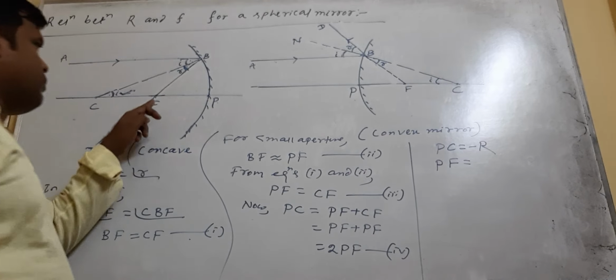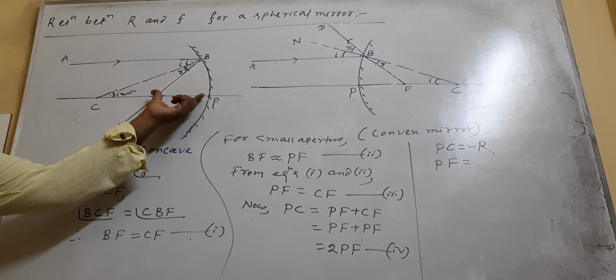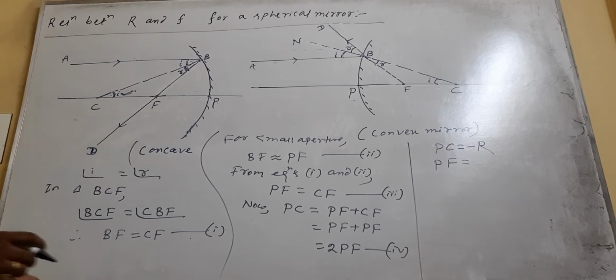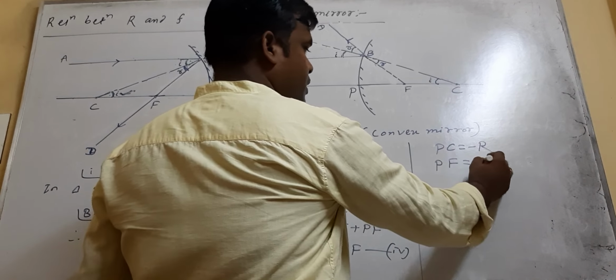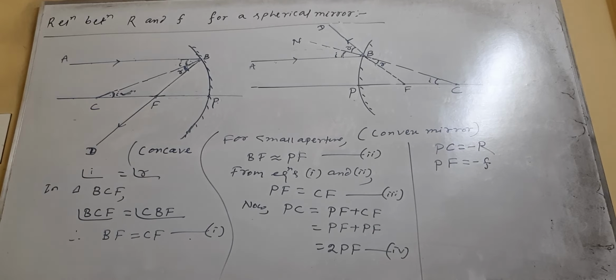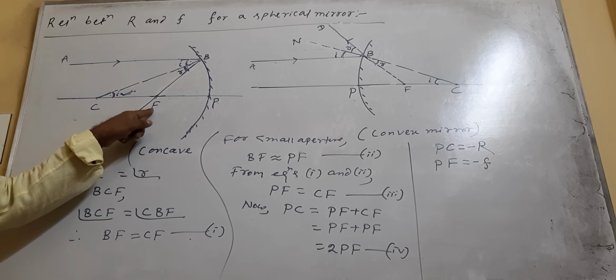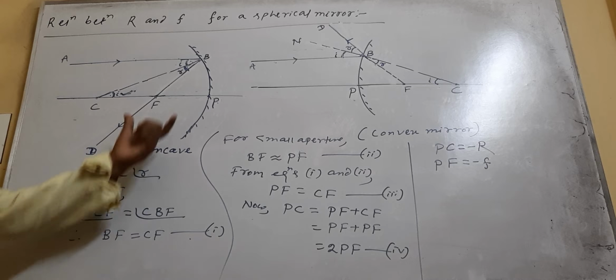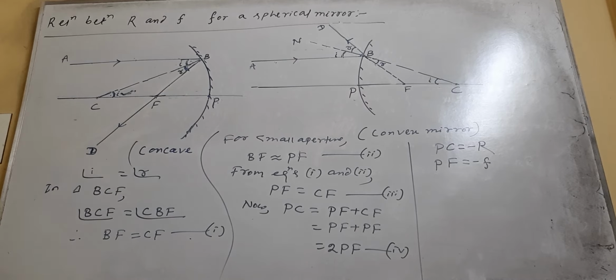F is the focus, so PF is the focal length. It is a left measurement, so it is negative, minus f. So remember, in the case of a concave mirror, the focal length is negative because the focus comes on the left side of the pole.